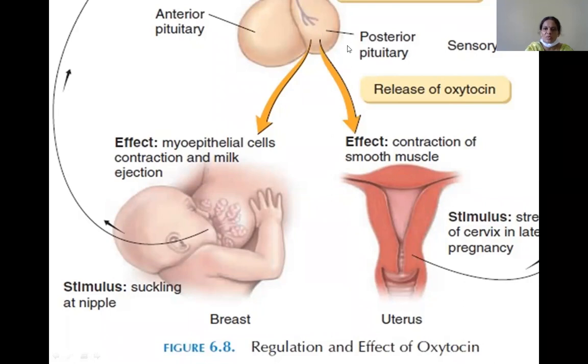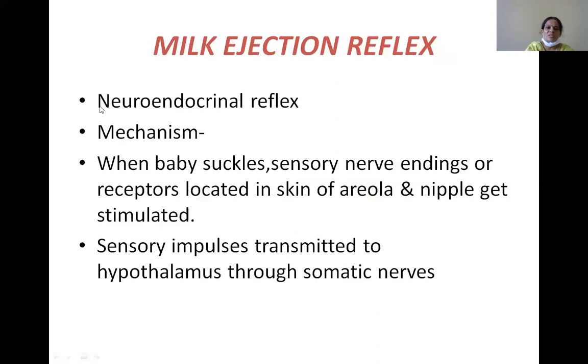Remember, from the posterior pituitary you have this oxytocin release, which causes contraction of the myoepithelial cells, and that is how milk will be ejected from the alveoli. And the other one from the anterior pituitary, prolactin. Two hormones, remember, prolactin and oxytocin. That is why this is termed a neuroendocrinal reflex: hormones as well as the nerves being involved.